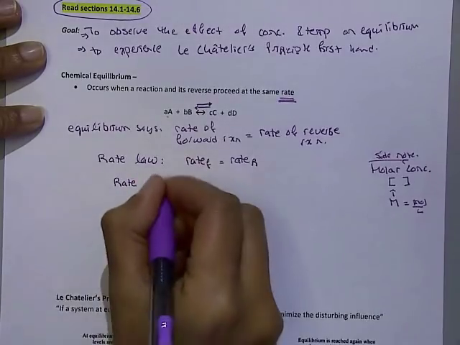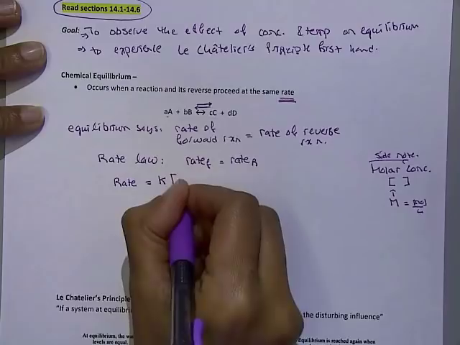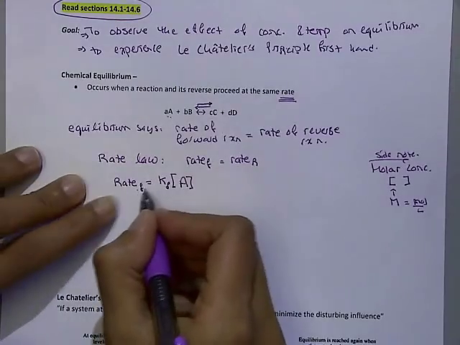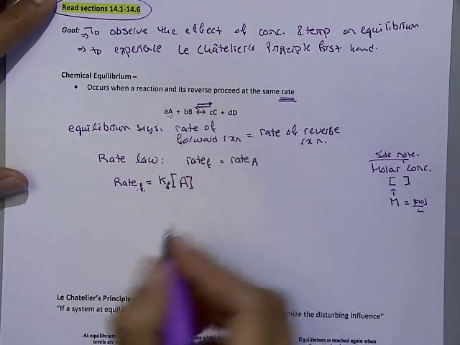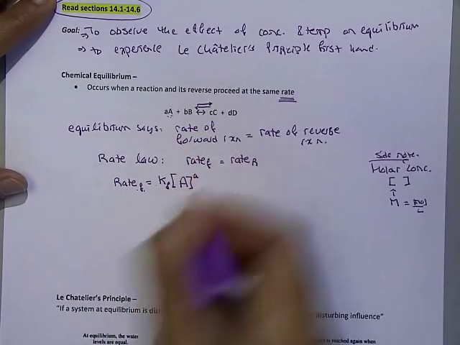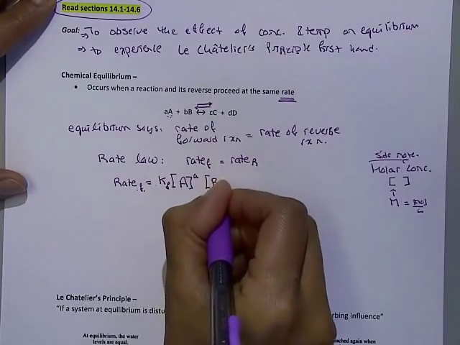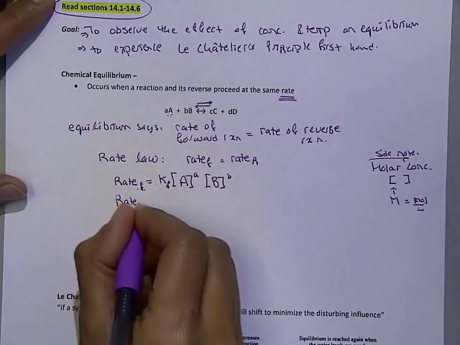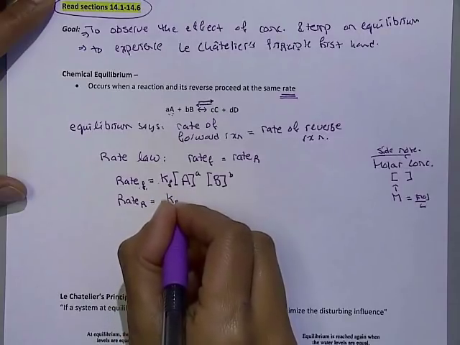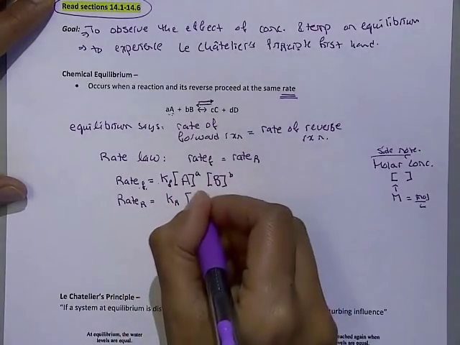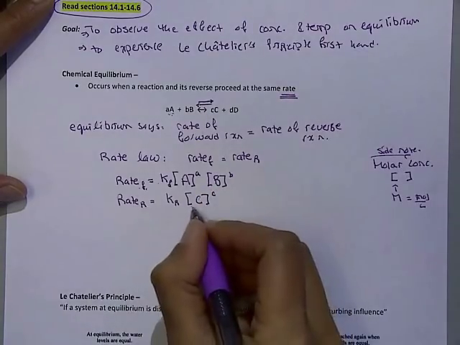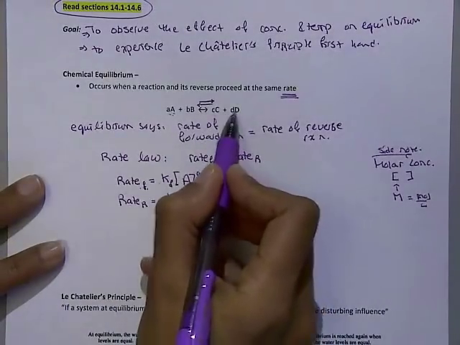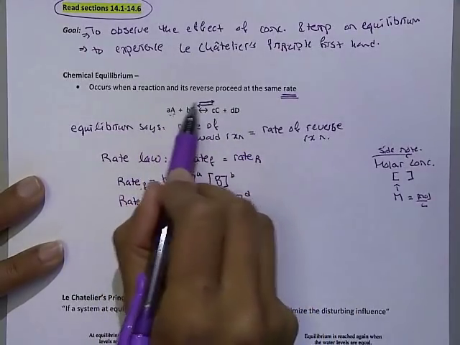So rate is usually equal to some constant K times, for example, if we're talking about the forward reaction, the rate of the forward reaction is equal to some constant K in the forward reaction times the concentration of reactant A raised to the coefficient of A times the concentration of reactant B raised to the coefficient of reactant B. Now if we look into the reverse reaction, our rate law for the reverse reaction is some constant K times the concentration of reactant C raised to the power of C, and remember brackets mean molar concentration, times the concentration of reactant D raised to the power D. So this is the reverse reaction and this is the forward reaction.